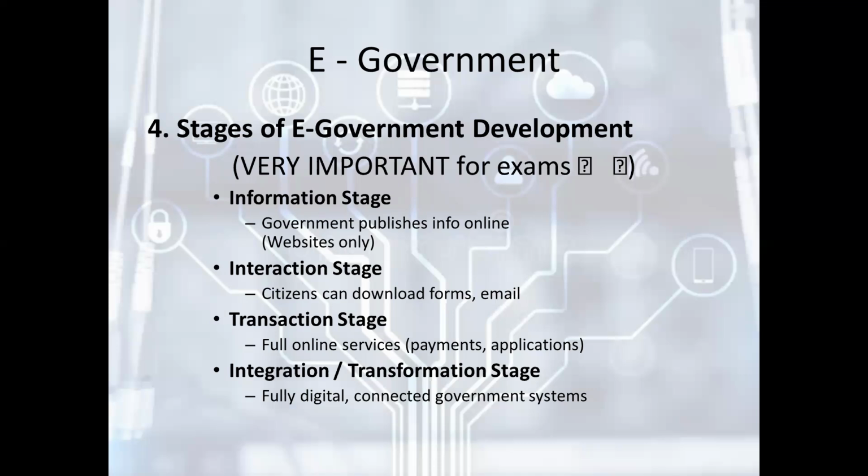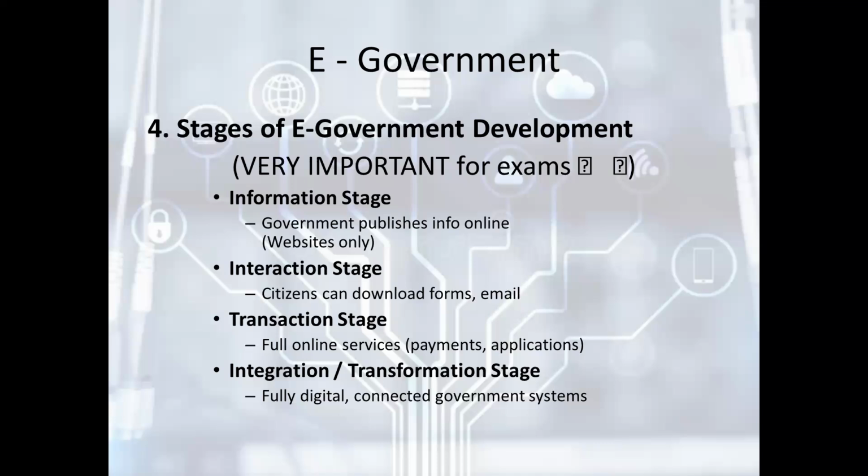In the information stage, government websites are online and you can read the information only. Suppose the website of a divisional secretariat: you can read what is going on these days.